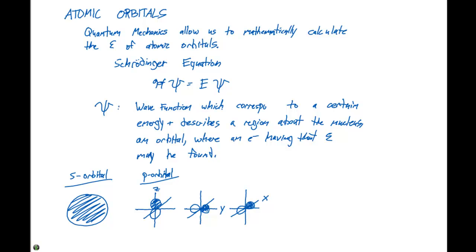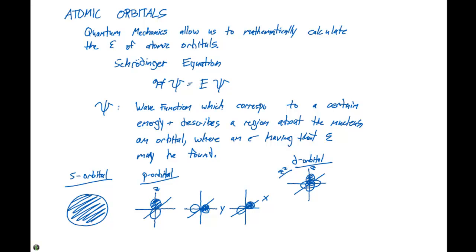There are 5 different types of d orbitals, and these get a little more complex in terms of drawing them. The first is the dz squared, which is right along the z-axis. Part of this orbital looks exactly like a pz orbital, except there's a donut around it.